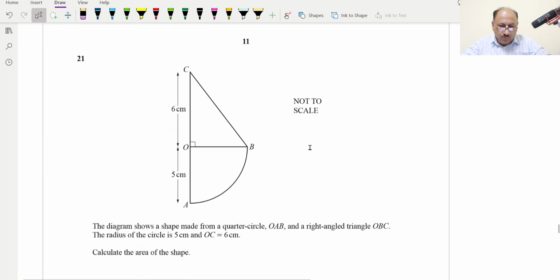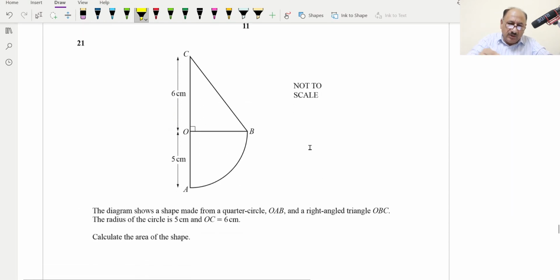Now we can go through this question number 21. Again, drawing is not to scale. The diagram shows a shape made from a quarter circle, and quarter circle is this much. This is basically the quarter circle, and angle of the quarter circle is 90 degree.